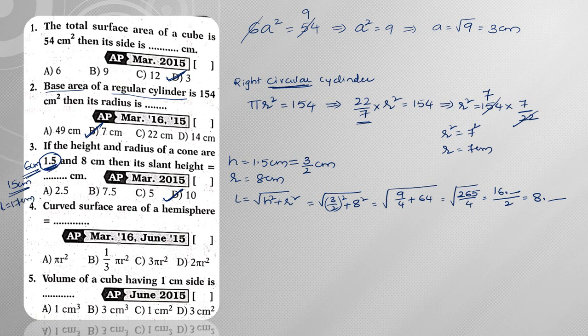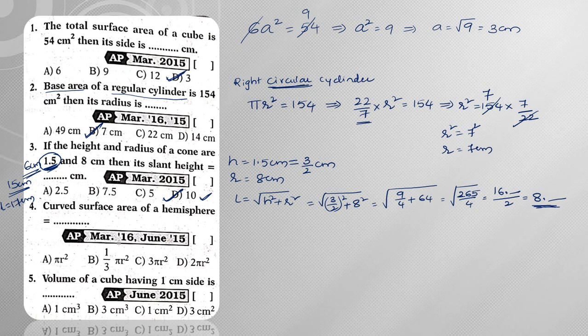So here there is a mistake, this is not 1.5. With 1.5 you get 8 point something, which is not given in the options. If you want to get 10, which is in the options, then this height should be 6 centimeters.